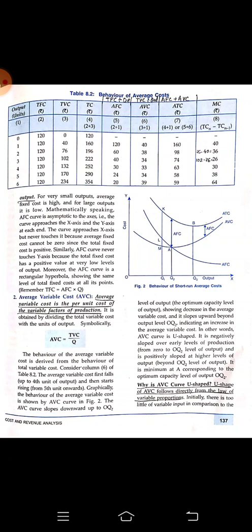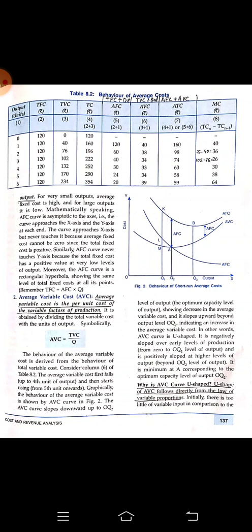You can see the distance marked at point A, and point M also. As production increases, the ATC curve comes down, so the gap between ATC and AVC is getting shortened.